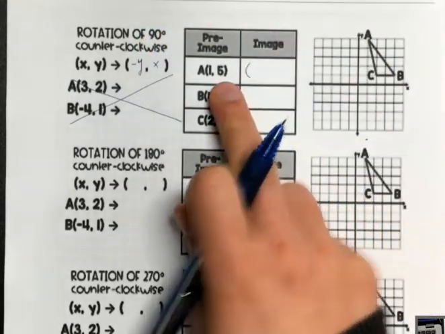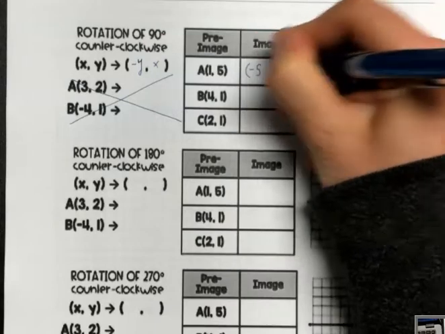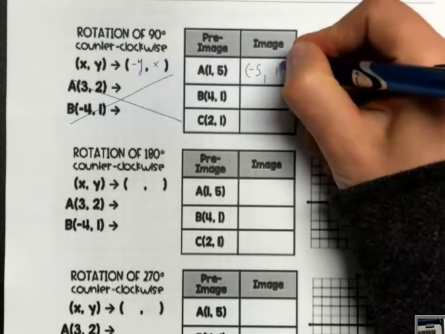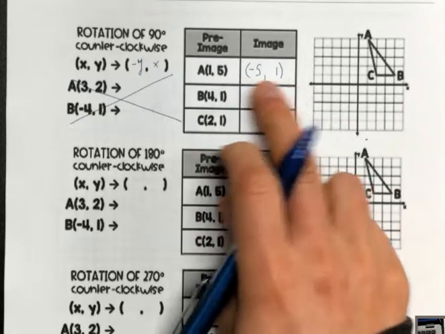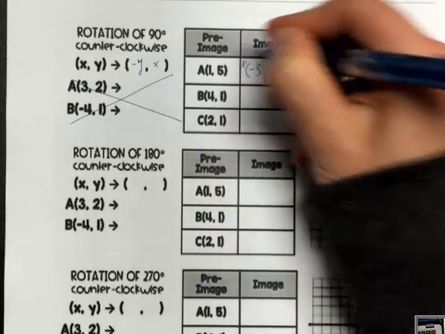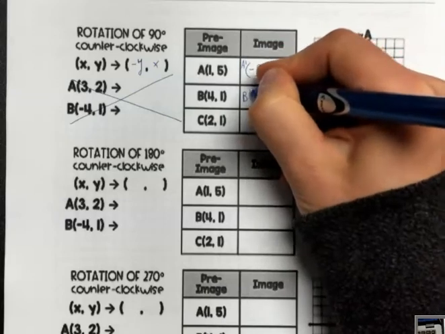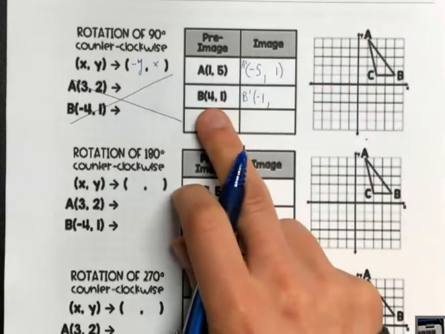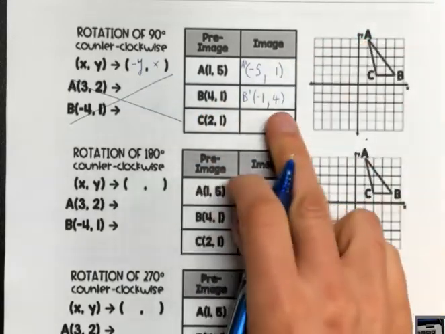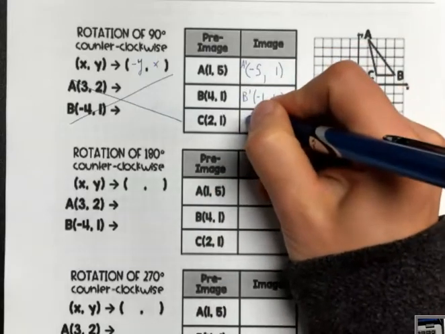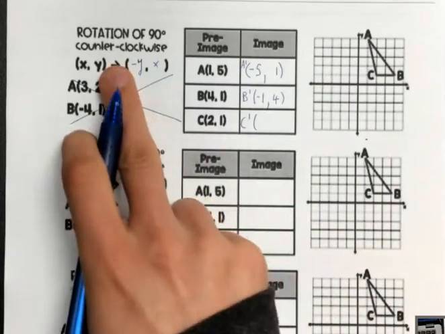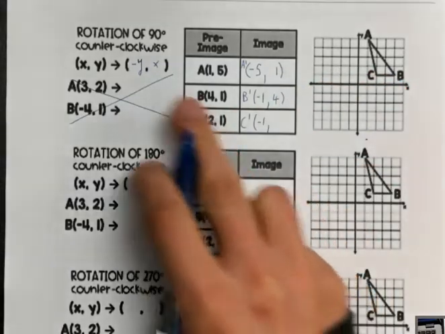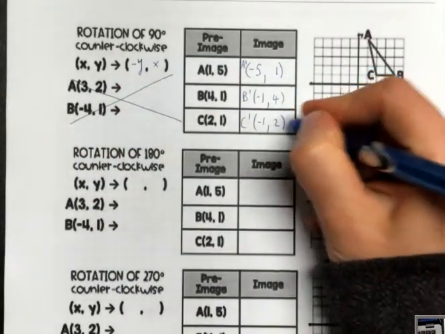My y was 5, I put that first with a negative, so negative 5, and my x term goes next, so that's 1. This is my new point for A prime. For B prime, negative y, x, so negative y would be negative 1, and then our x term, 4. This is our new point for B prime. For C prime, negative y, x, so our y is 1, so I get negative 1, and x was 2, so I put my 2 next.